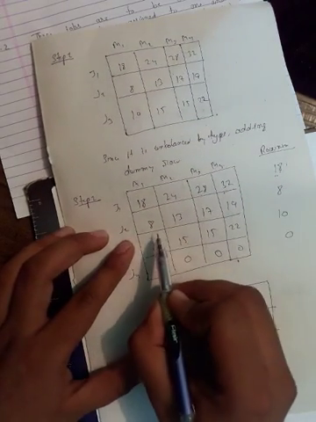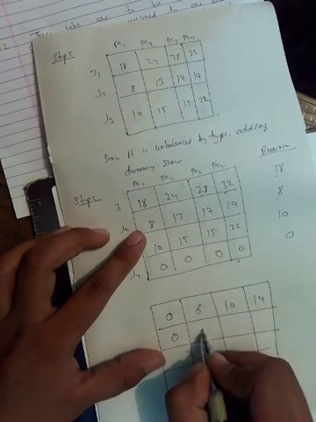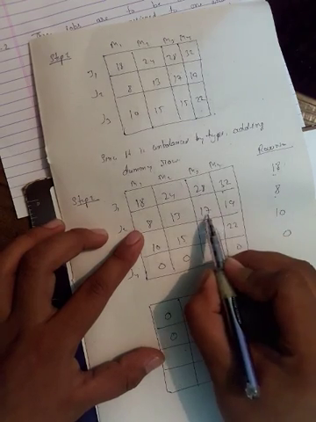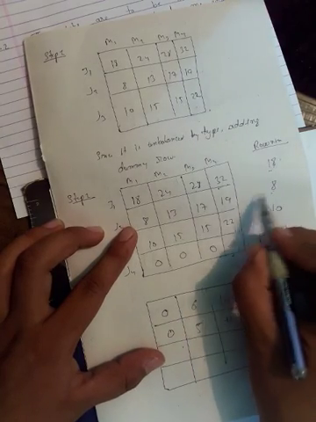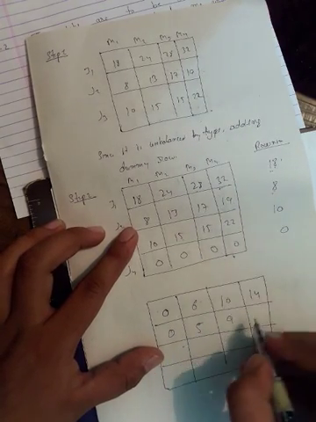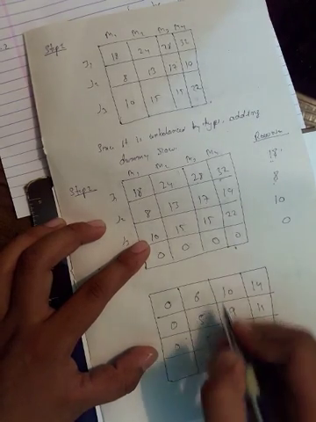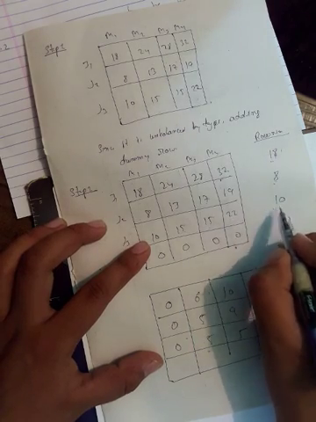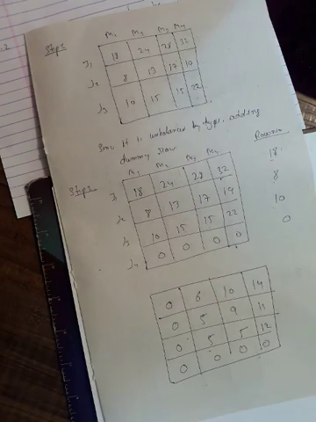Here you will be having 8 minus 8 is 0, 13 minus 8 is 5, 17 minus 8 is 9, 19 minus 8 is 11, 10 minus 10 is 0, 15 minus 10 is your 5, 15 minus 10 is your 5. Okay, 22 minus 10 is your 12, 0 minus 0 is 0, 0, 0, 0 as it is.